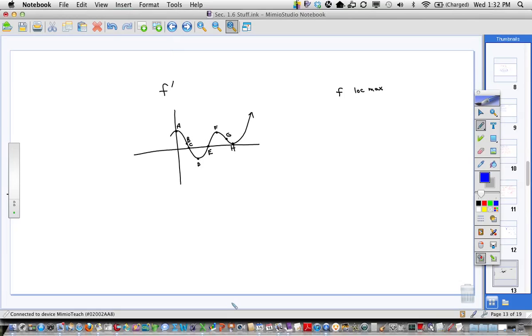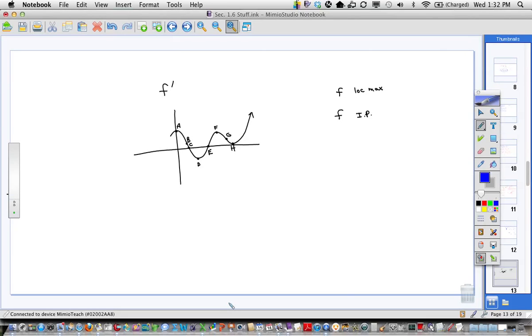All right? Where does f have inflection points? Think about that a second. Where does f have inflection points? Go.